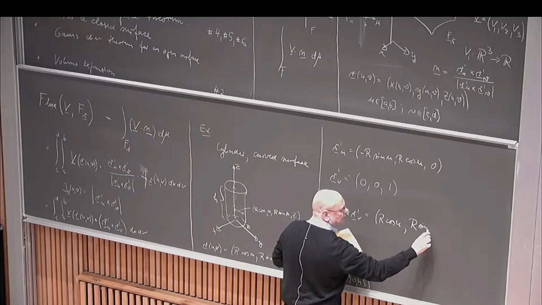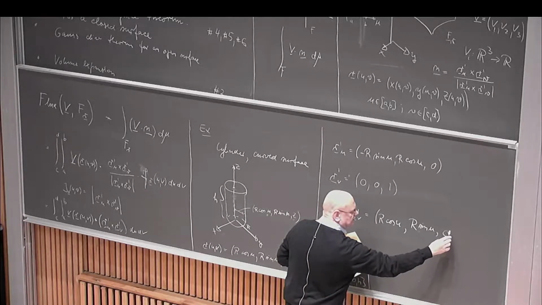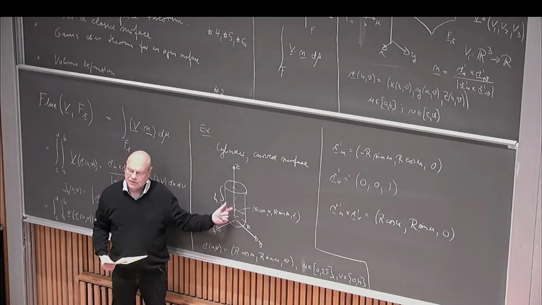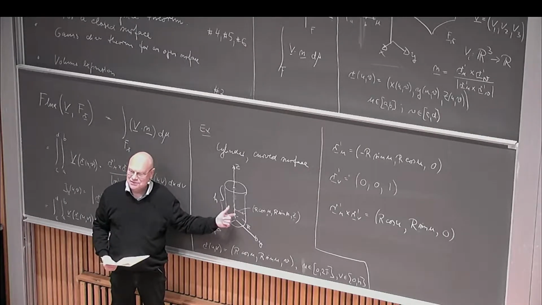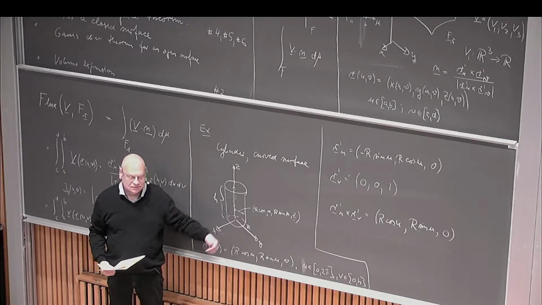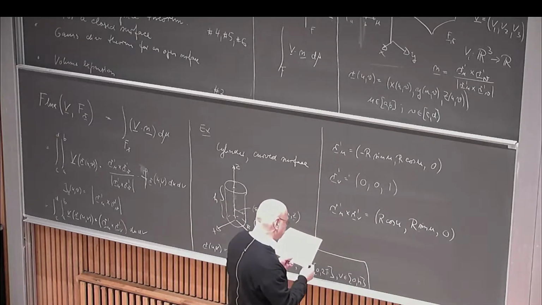So this will be this one, and then a 0. And that makes sense because you can see you have this cylindrical surface, and then you have the position vector to a point on the surface, and the normal vector is simply the same vector. It's parallel to that, same length. So this is the normal vector.